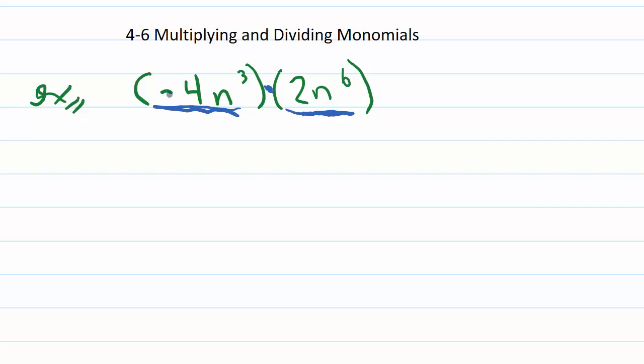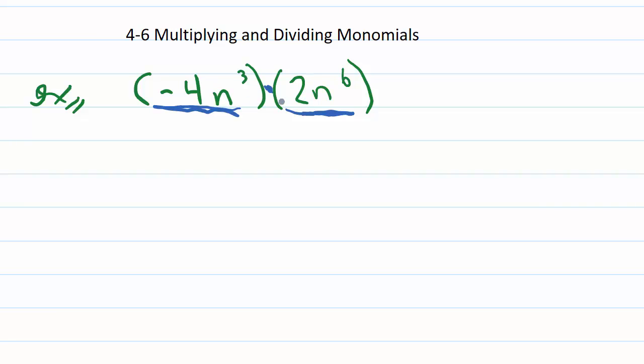Yes, there's a negative sign there, but it is associated with this term. There's no adding or subtracting going on here. So this is one term, this is one term. So it's important that I recognize that I'm multiplying these two things and they're both monomials. If there were two terms in these parentheses, it'd be a different story. But since there's not, we can multiply these.